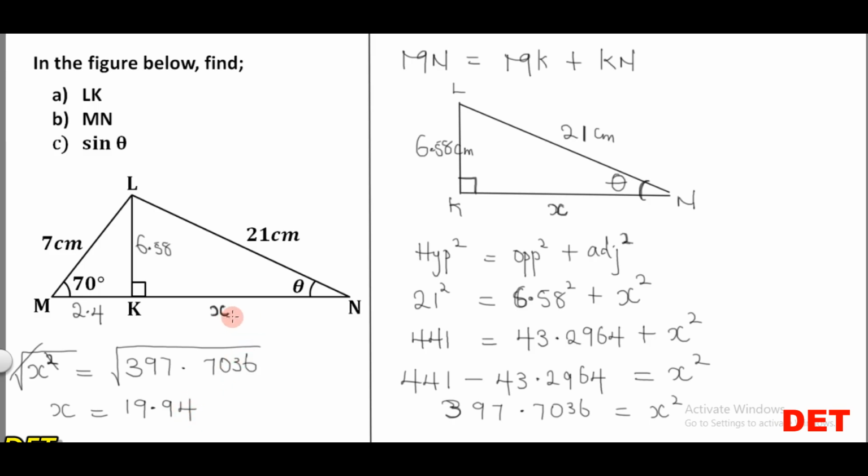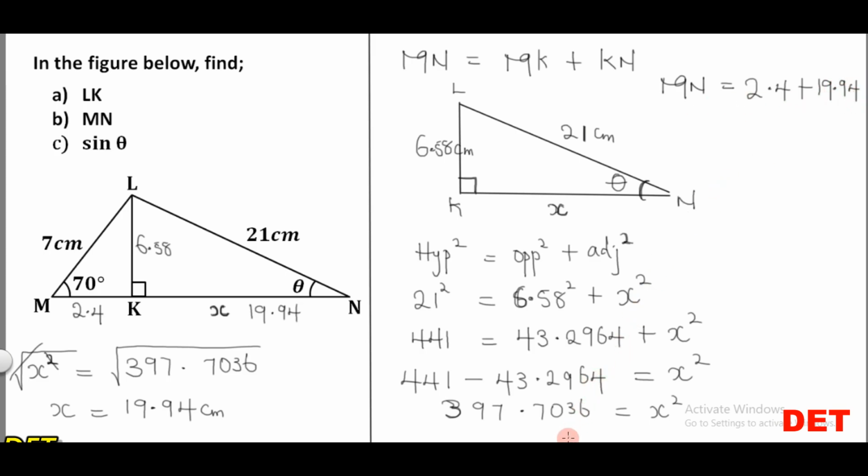So my X is 19.94 centimeters. So here is 19.94 centimeters. My MN, like I said, is equal to MK plus KN. So my MN will be equal to, my MK is 2.4, plus my KN, which is 19.94.